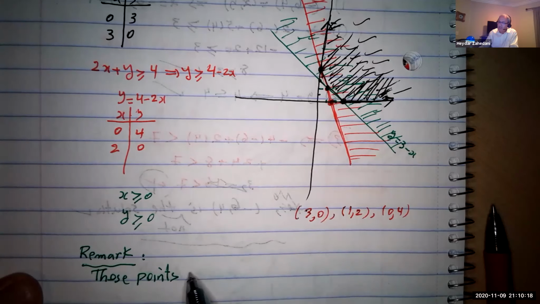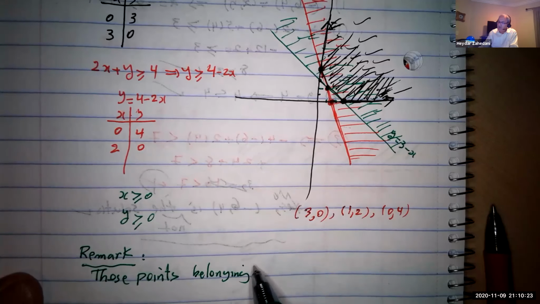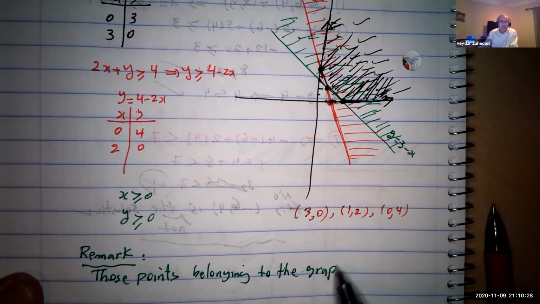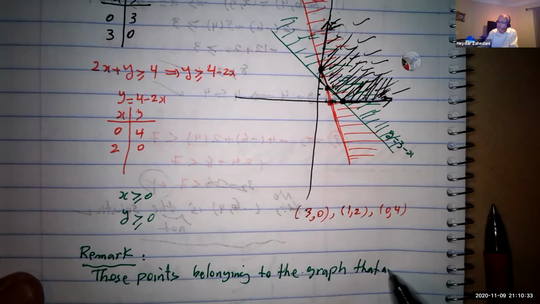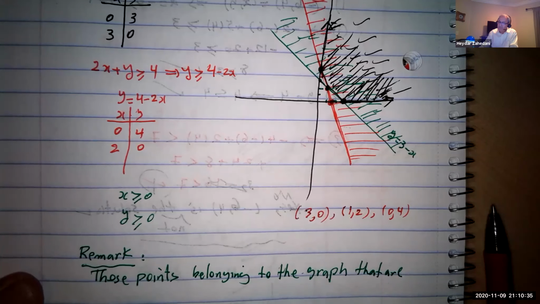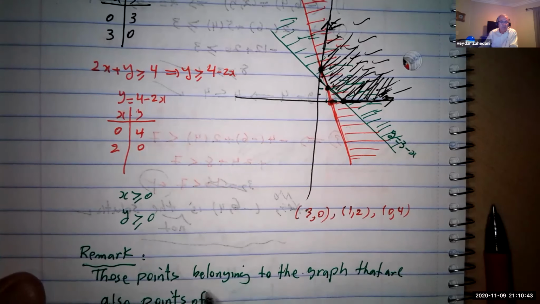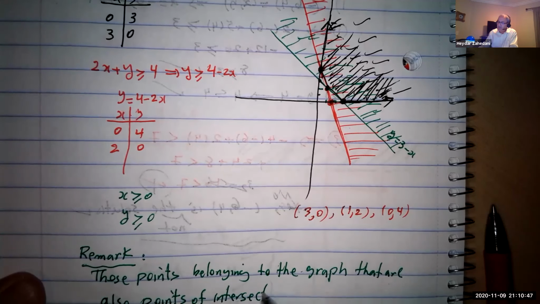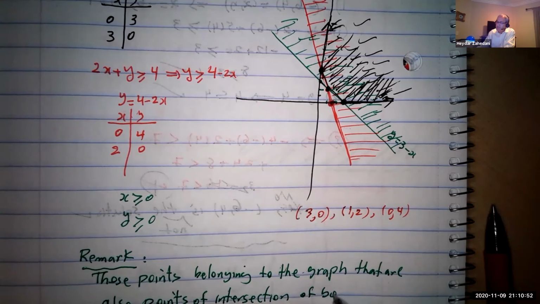Those points belonging to the graph that are also points of intersection, points of intersection of so-called boundary lines.